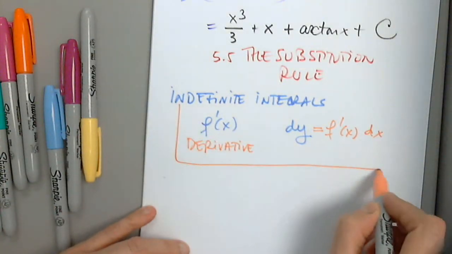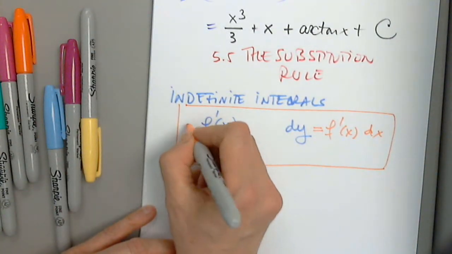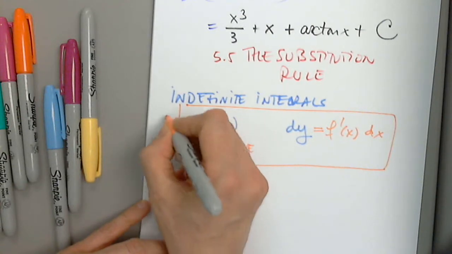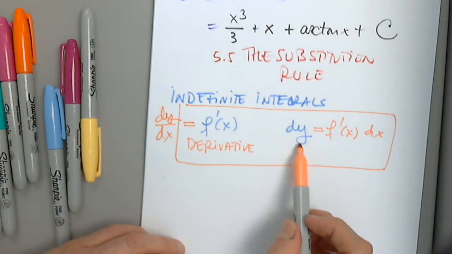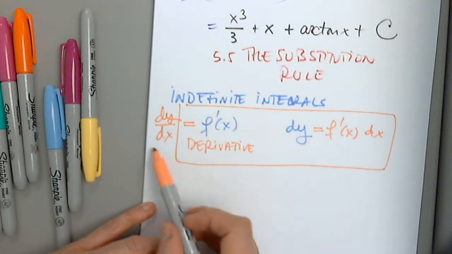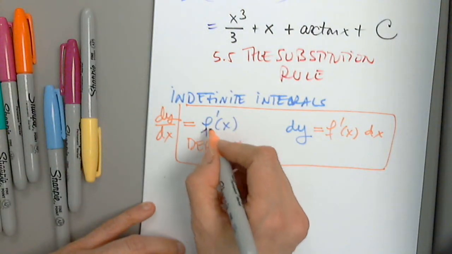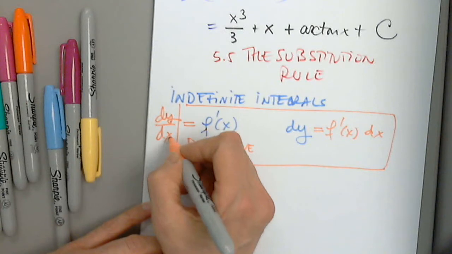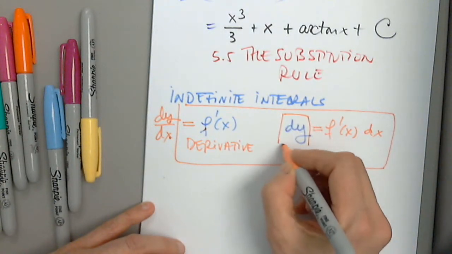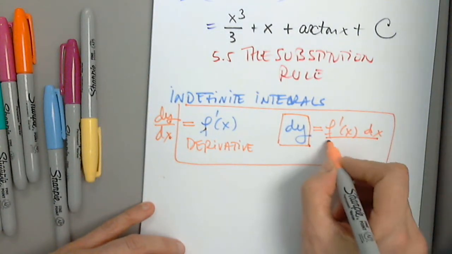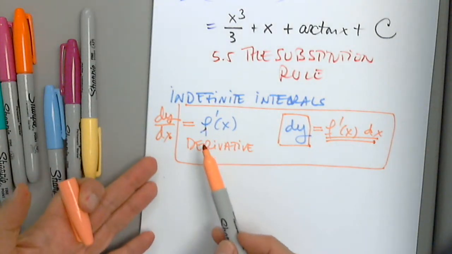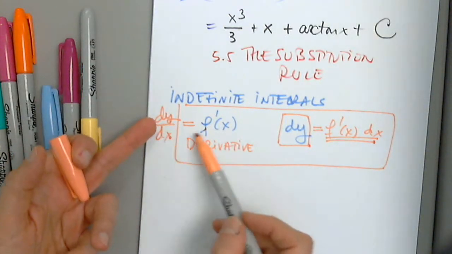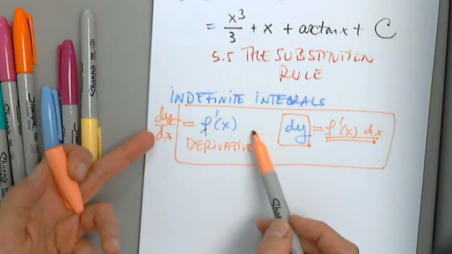So please realize that these are two different things. However, this is the same as dy over dx, but I'm only talking about dy here. So just cross multiply. So yes, we know that f prime of x is the same as dy over dx. But when we talk about the differential of y, we mean this product. How do you get it? Just cross multiply, and you get dy equals f prime of x dx.